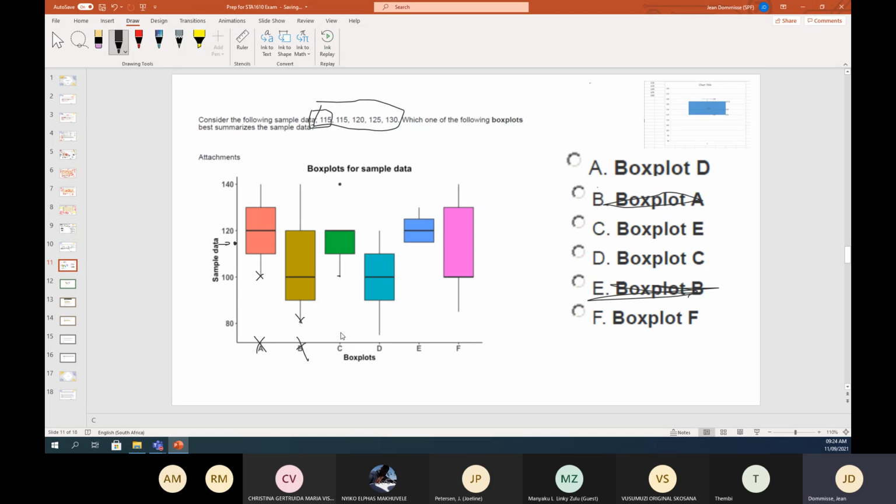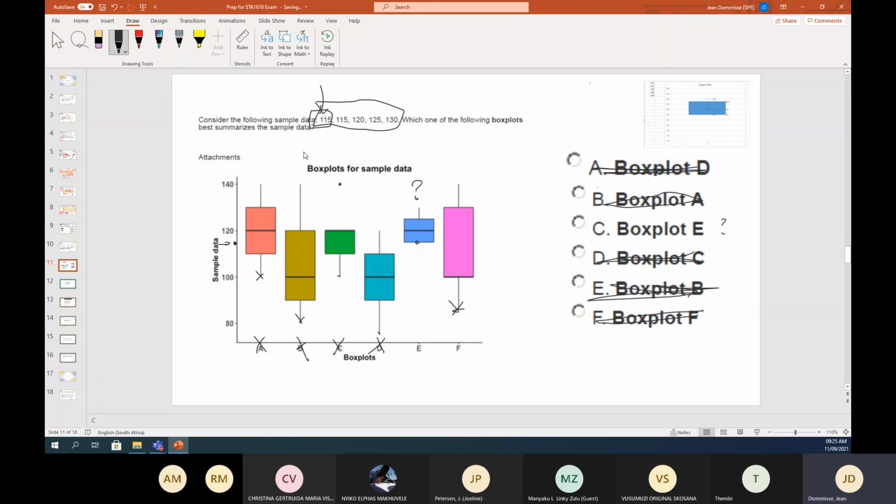Box plot C can't be, because we are looking for 115. Box plot D, also around 80, can't be. Box plot E, that might be the smallest. It looks in line, so box plot E might be. The smallest number there is between 80 and 90, so it can't be box plot F.